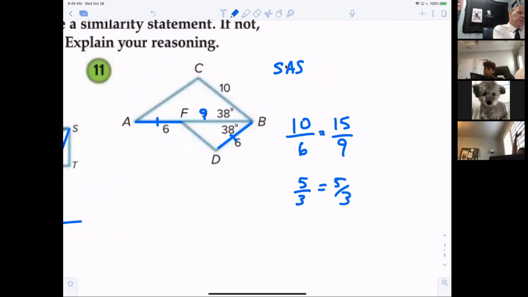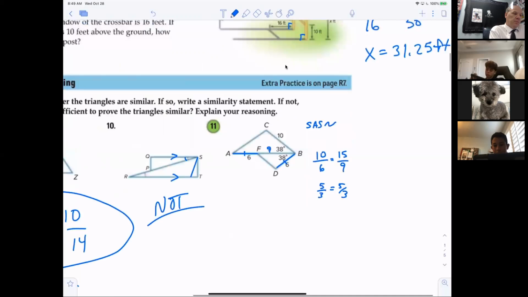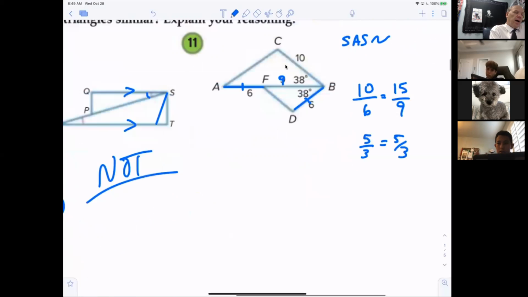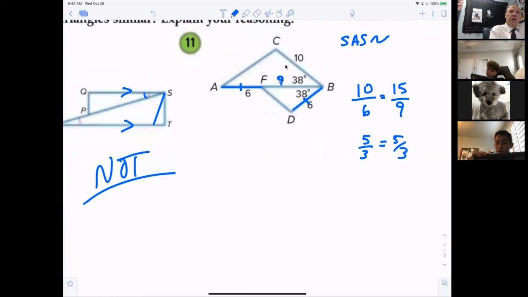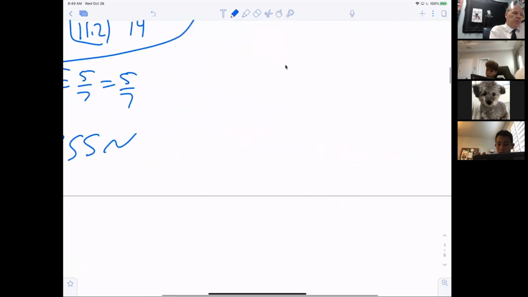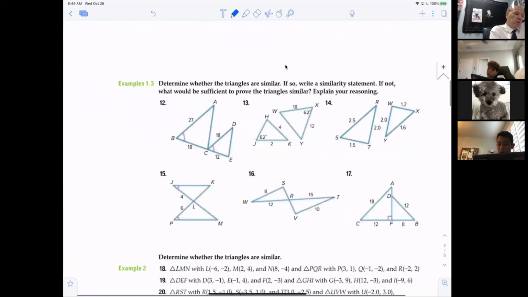So then this is side angle side similarity. Everybody agreeing with that? Again, I think those are good problems, and those are the ones that you see on standardized tests, because if kids don't know, it's just not possible to figure it out.